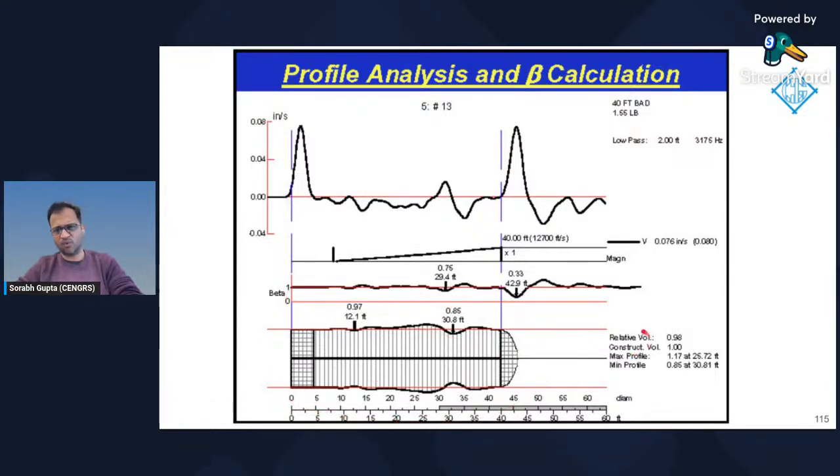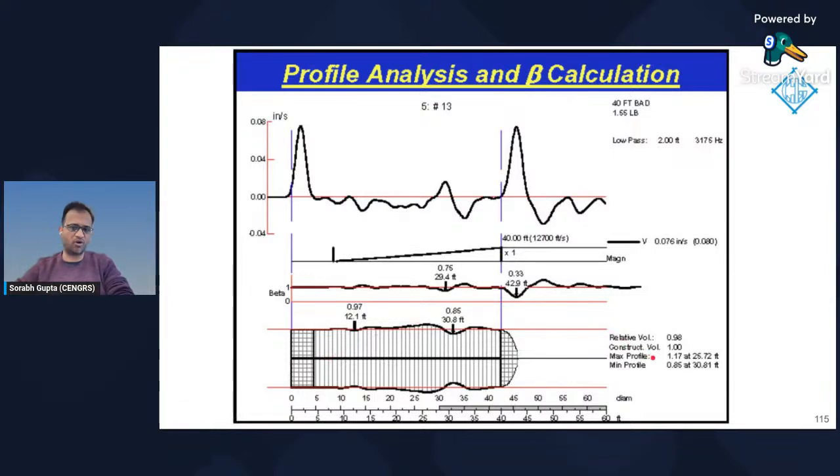What is important to note is that the profile analysis, if presented, will also show you the theoretical volume of concrete which was actually consumed at site. Because you are plotting the pile shape, you can calculate the likely or approximate actual concrete consumption as per the PIT data.